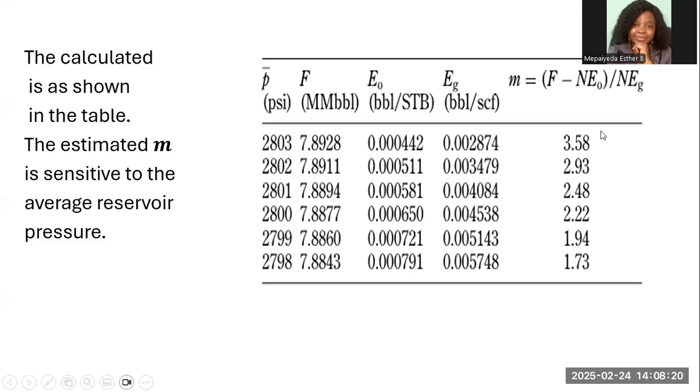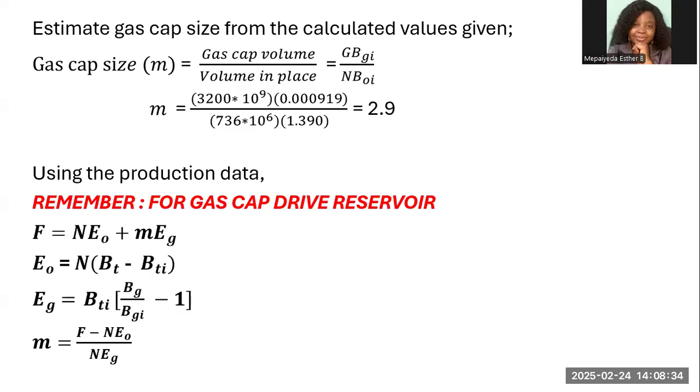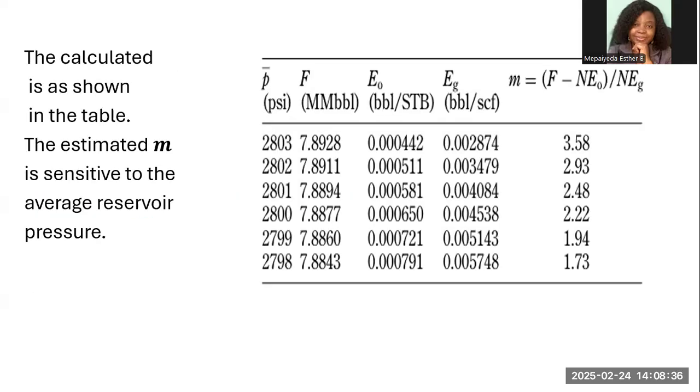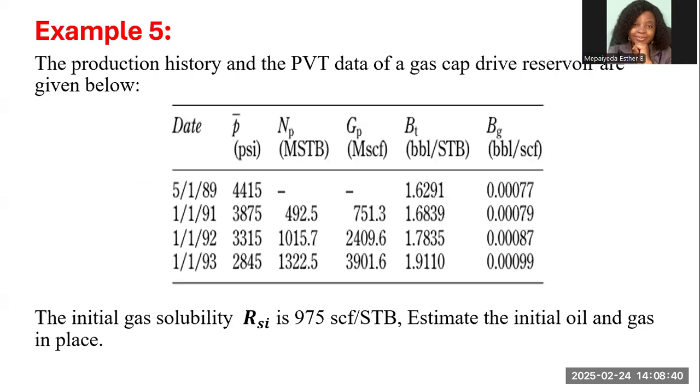So why do you have a reduction in the gas cap size as pressure reduces? Such a question could be asked, and I'm sure you have some answers to that. Under gas cap drive, go back to videos 1 to 3 and you will understand what a gas cap drive is and its characteristics.